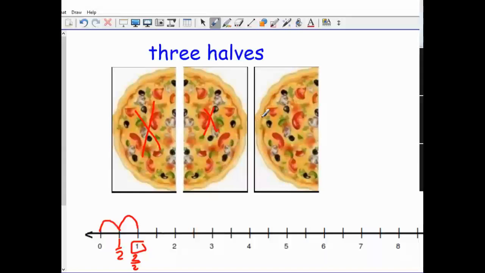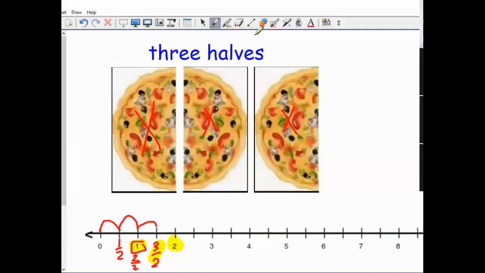Okay, let's complete 3 halves. Here, 3 halves. Okay, where is 3 halves? 3 halves is between 1 and 2.